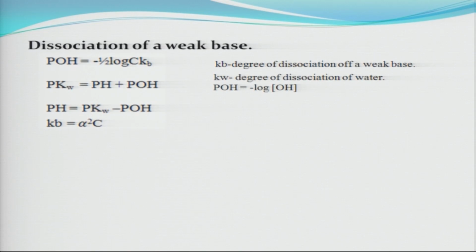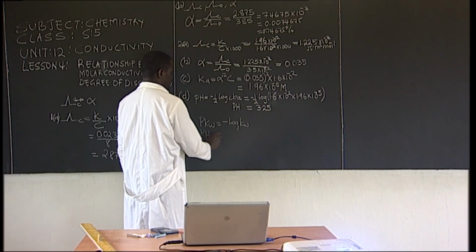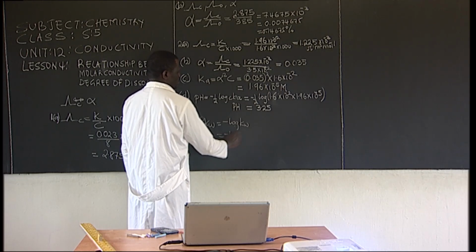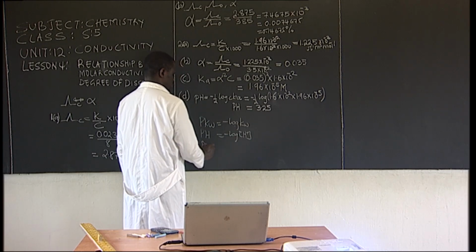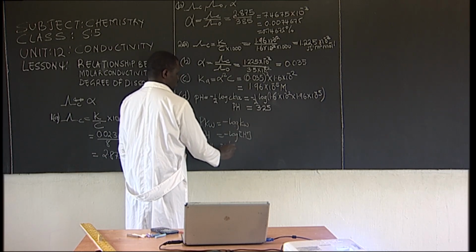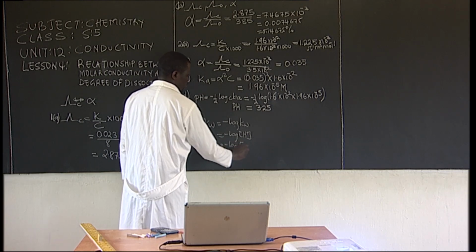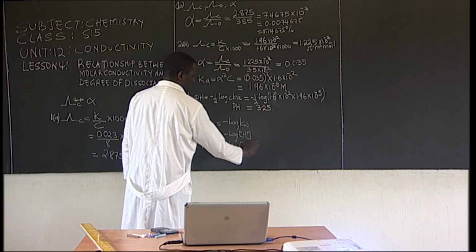That p normally comes in as negative log. Even with pH, pH is equal to negative log concentration of hydrogen ions. Then pOH is equal to negative log concentration of OH ions.